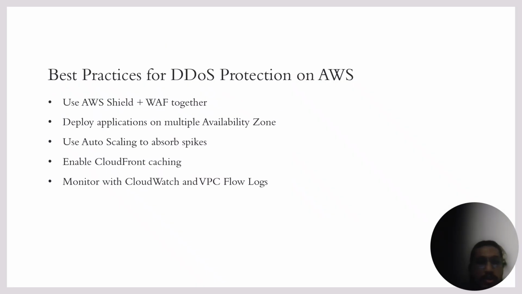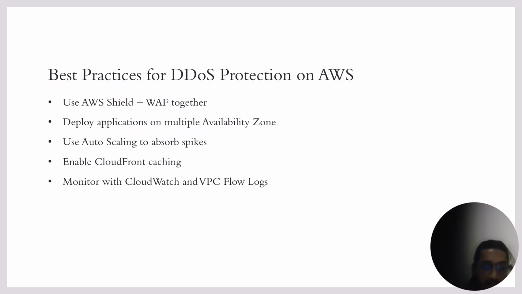Now let's see the best practices for DDoS protection on AWS. To build strong DDoS resilience, always combine AWS Shield with WAF for both network and application layer protection. Distribute workload across multiple availability zones to avoid a single point of failure.